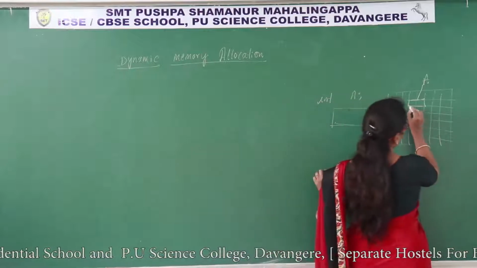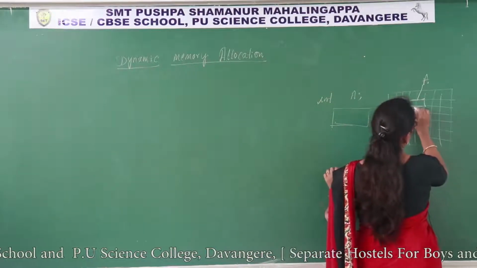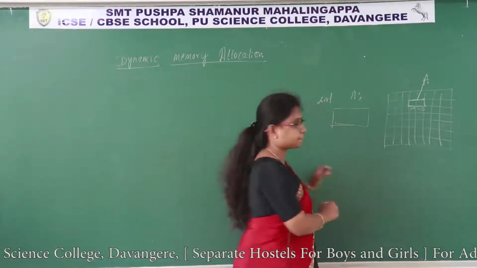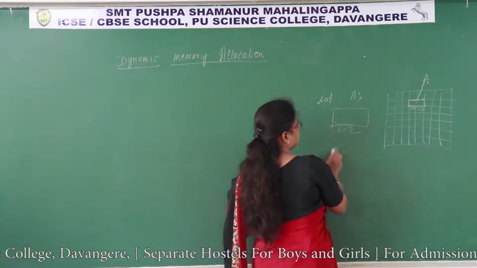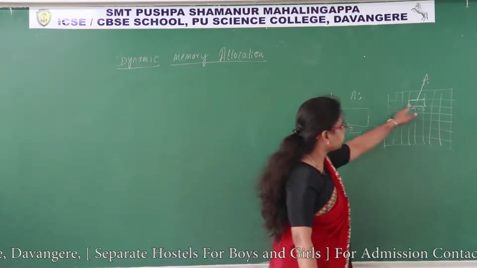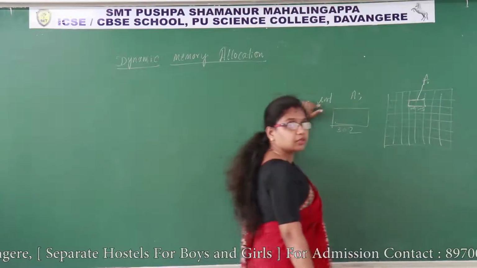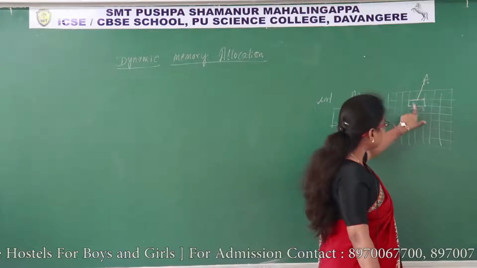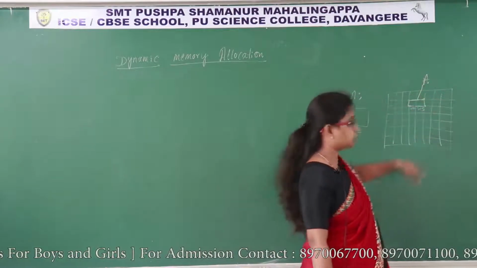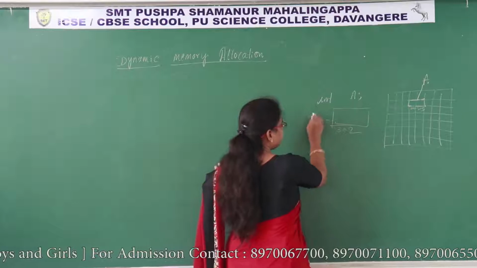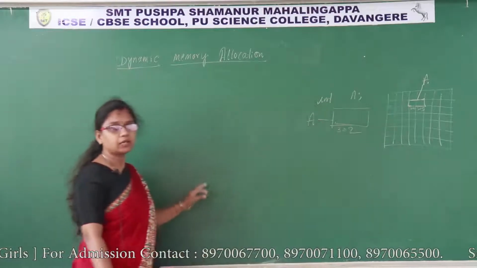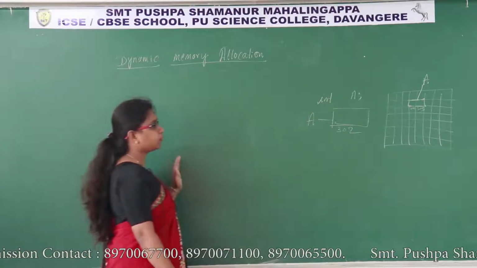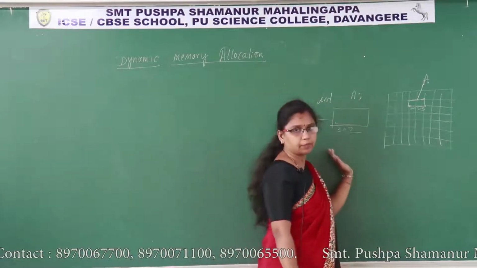Its address, let us consider, 300, 302. So this memory, when you write this instruction, the memory allocation will be like this, and this particular memory has a particular identifier. So what is the name of this memory? A. By using that identifier, we can access the content of a. So I hope you are all familiar with this concept.